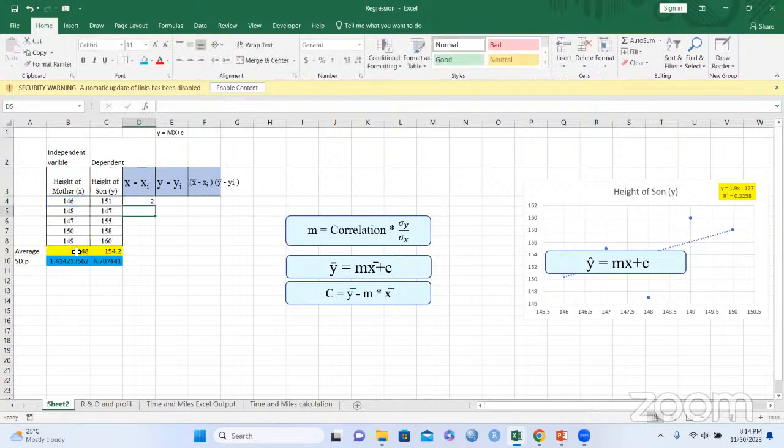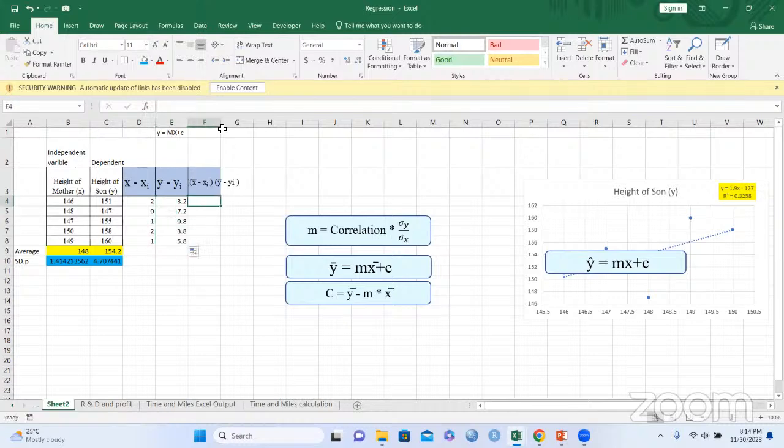We'll get all these values. Once it is done, we have to find y minus y bar, the observed value minus the mean value. As I have to find the deviation for each and every value, I'm fixing that variable. Now I've got all these things.